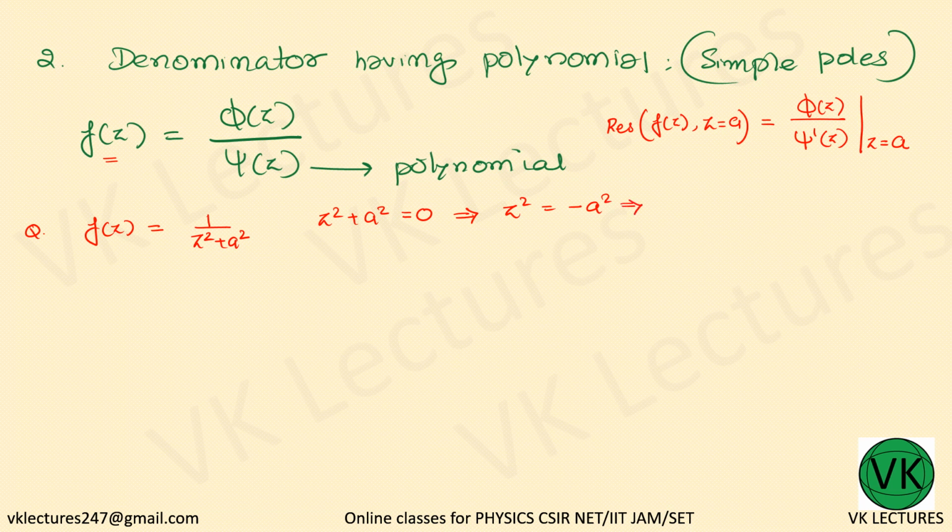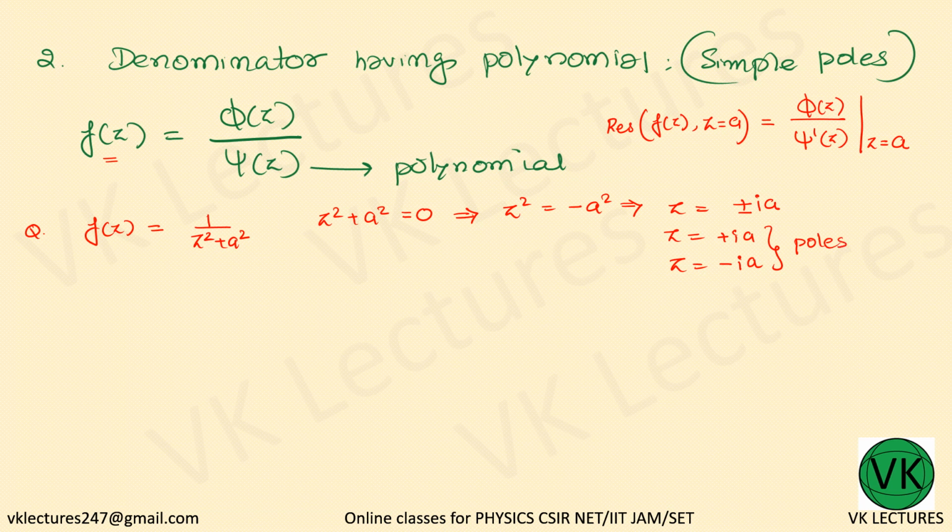This gives us z equal to plus or minus ia. So we have the poles at z equal to plus ia and z equal to minus ia. So these are the two simple poles.